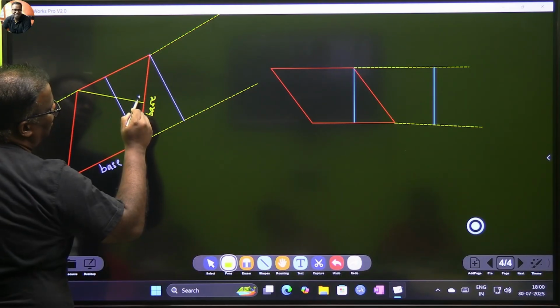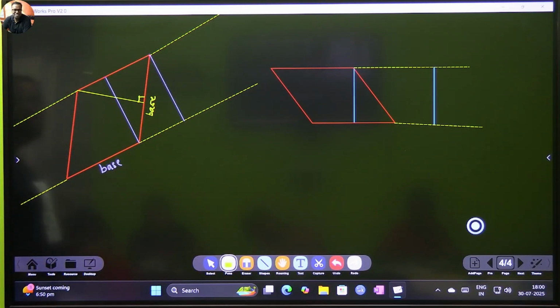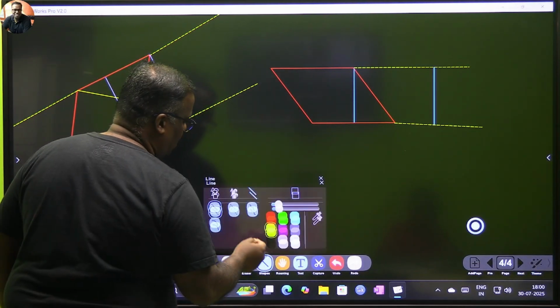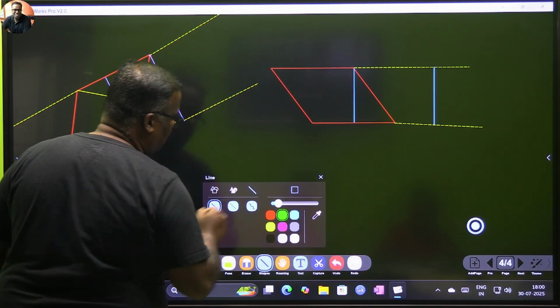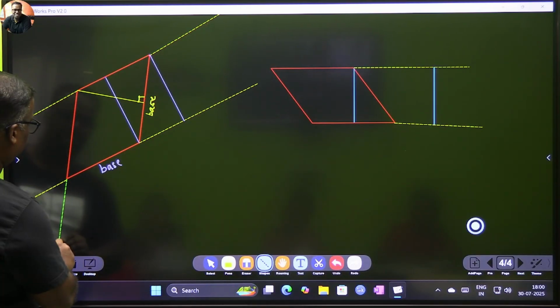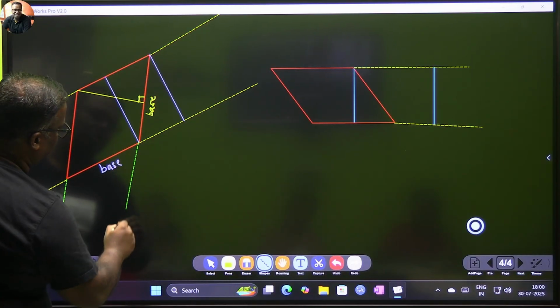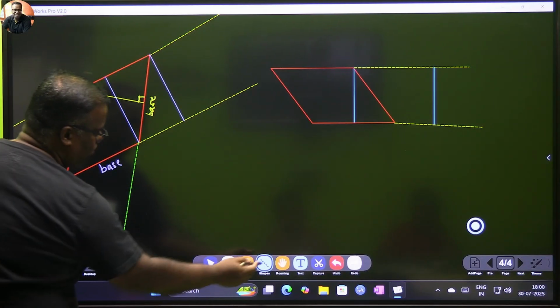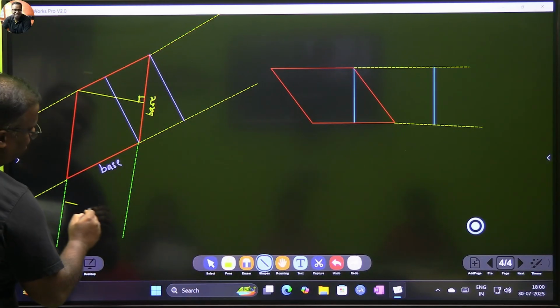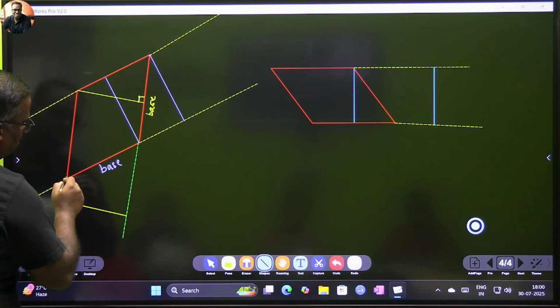It has to be perpendicular to the base. If you want to measure this height outside, you can still do this. Now you will be extending which sides? You will be extending these sides, this as well as this. And now you measure your height anywhere. You can measure the height here also. You can measure it here also. You can measure it here also.